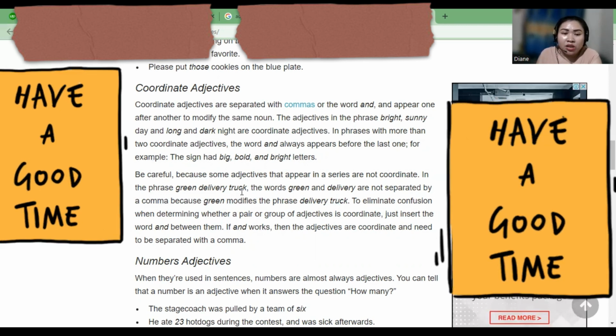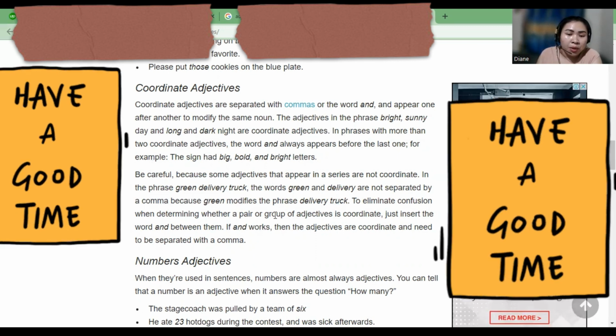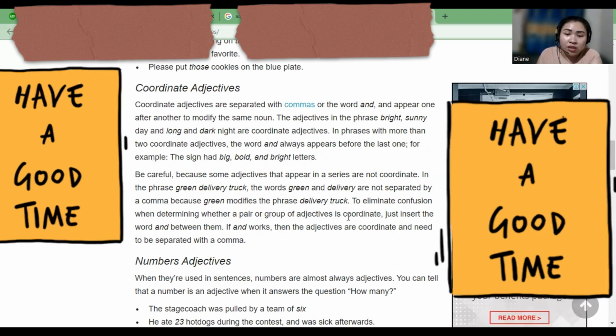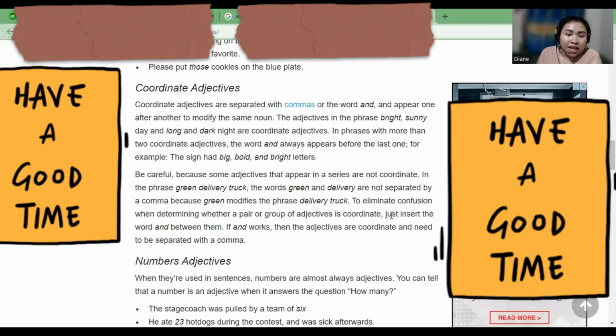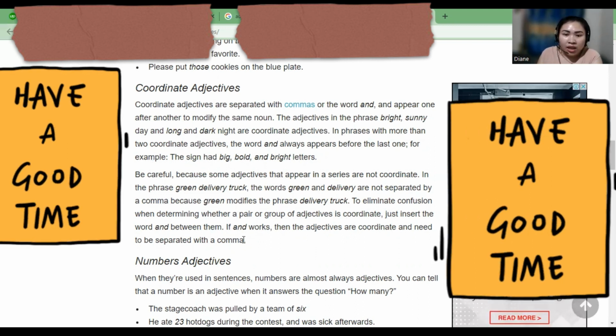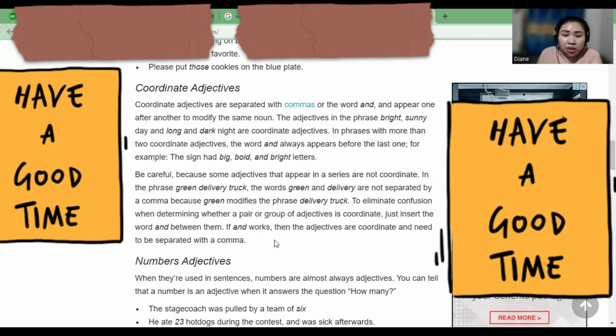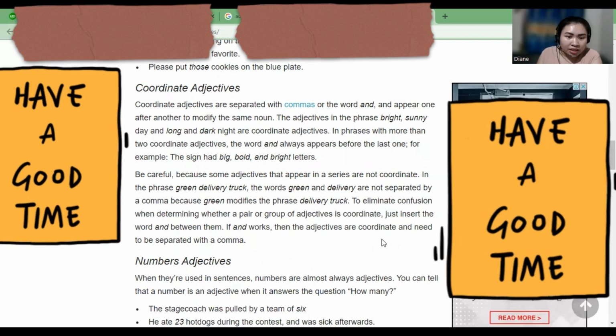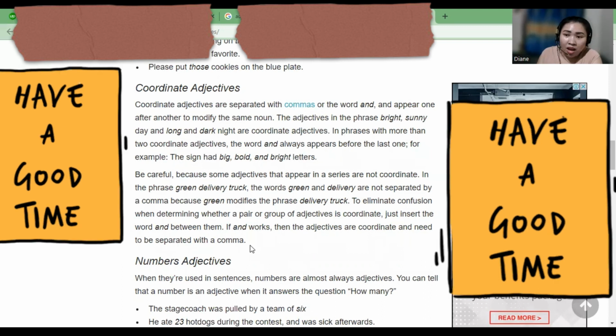To eliminate confusion when determining whether a pair or group of adjectives is coordinate, just insert the word and between them. If and works, the adjectives are coordinate and need to be separated by a comma.